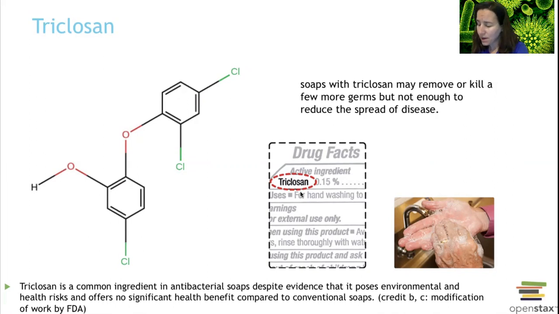So, despite evidence that it poses environmental and health risks, there was no significant health benefit compared to conventional soaps. And I gotta say, when I first heard this, I was like, no, give me the triclosan and the antibiotics. But now that I know better, and I'm just degerming my hands anyway, and I'm not going into surgery, just regular soap is fine for that.